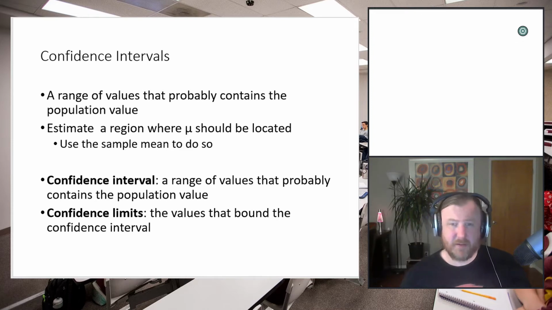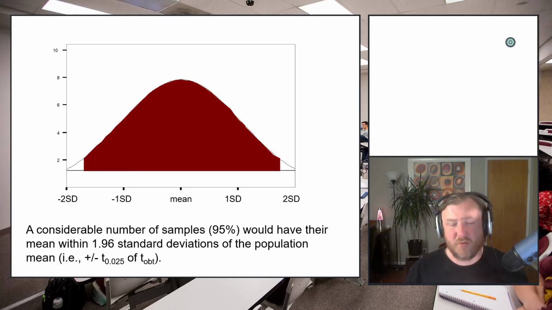Okay, so here we see a normal distribution, and at the lower end, we see an area that's not shaded red, and at the upper end, an area that's not shaded red. This is very similar to when we would draw the line in the sand and compute our t-critical value. What we were doing there is we wanted to find the region that cut off 0.025 in the lower tail and in the upper tail.